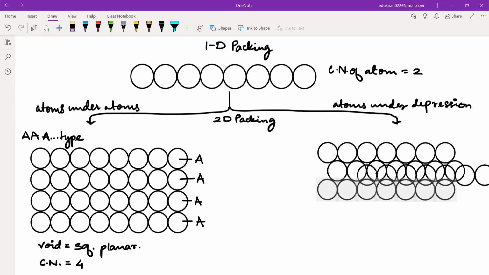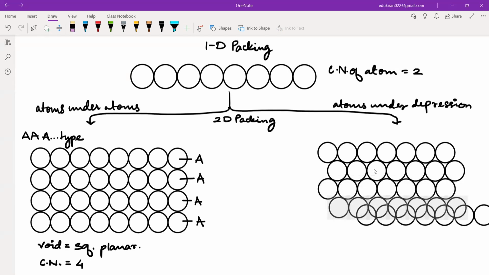And some atoms beneath these. What is the void that you can see, guys? Tell me. What is the void? Triangular void. Yeah, correct. So we have the void that is triangular.